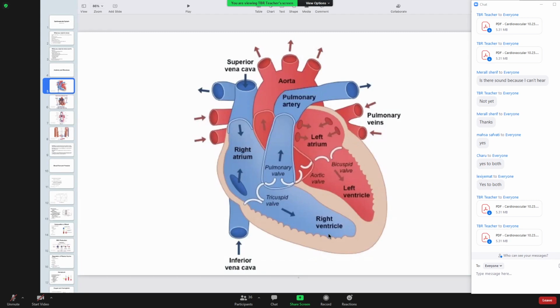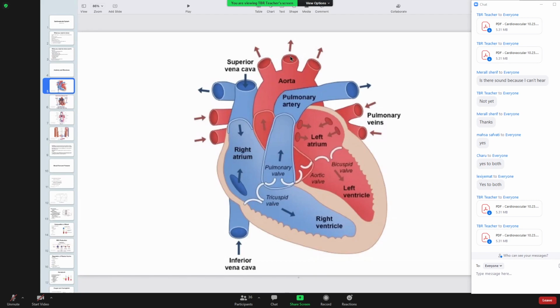This is blood that has come back from the systemic circulation, back from the body, and has already used up all its oxygen stores. So it's coming back to the heart, the center of its circulation. Once it gets past the right ventricle, it'll be sent to the lungs to be oxygenated. Once it comes back from the lungs, it'll enter the left atrium, the left ventricle, and then out to the rest of the body so it can deliver oxygen to the rest of your tissues.